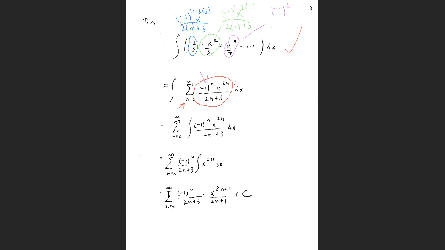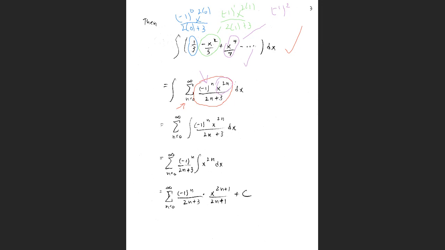And then the powers are even. You have x to the 0, which is 1, x squared. So in the terms of the series, you have even powers, so x to the 2nth power accomplishes that. If you had odd powers, you would have x to the 2n plus 1st power, for instance.